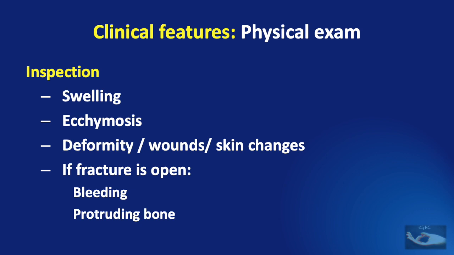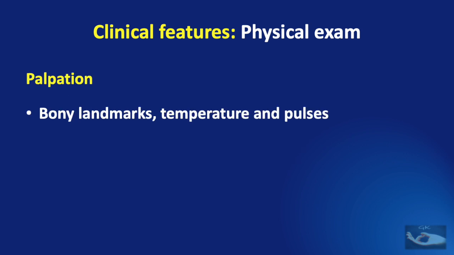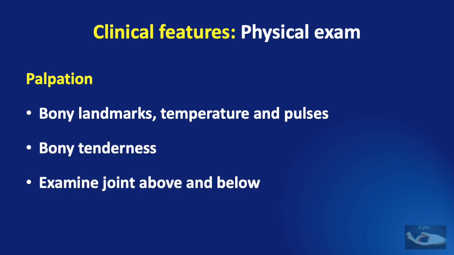Excessive oozing of dark colored blood from a very small puncture hole on the hand or a protruding bone may point to an underlying fracture. Gentle palpation of the bony landmarks, temperature, distal pulses, and bony tenderness would not be enough. We also need to examine the joint above and below the bone that is fractured.